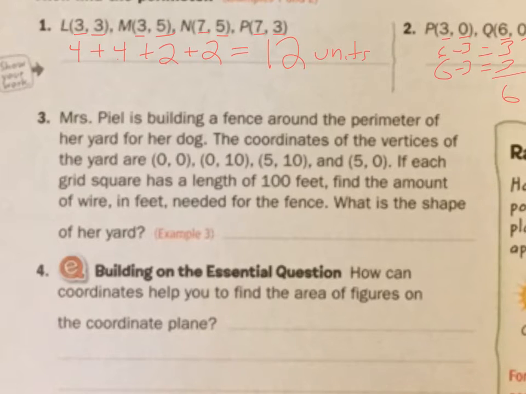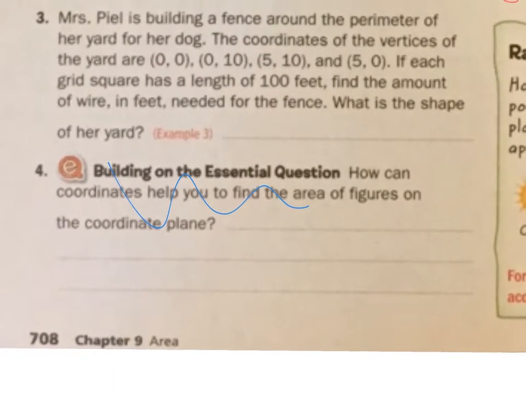Now, we're not going to worry about number 4. So what I'm going to do is push this up a little bit. And for me, I want to do a coordinate plane like this. And to find the shape, I'm going to go by 5s.